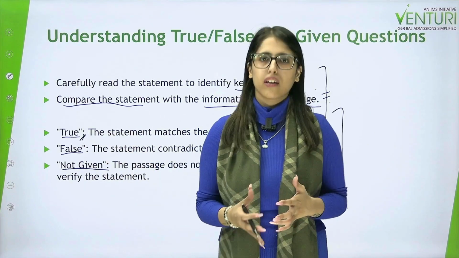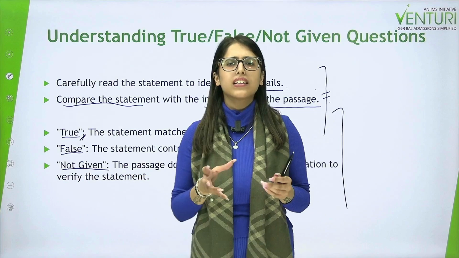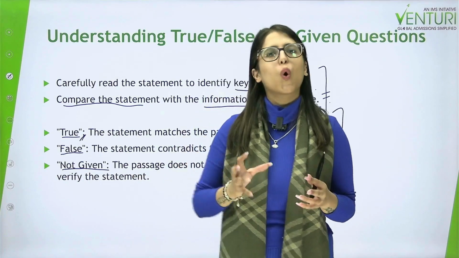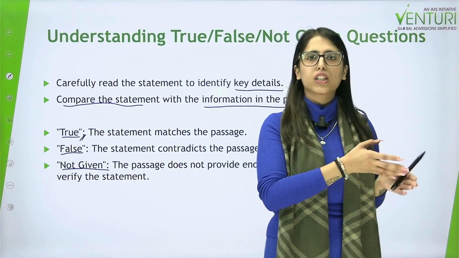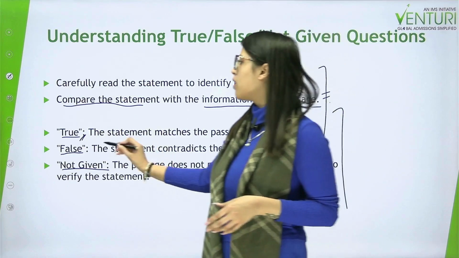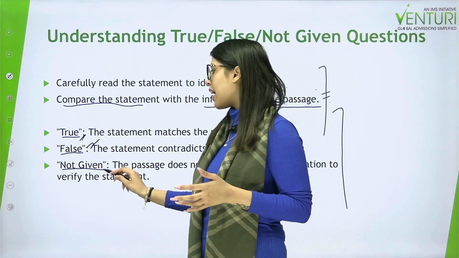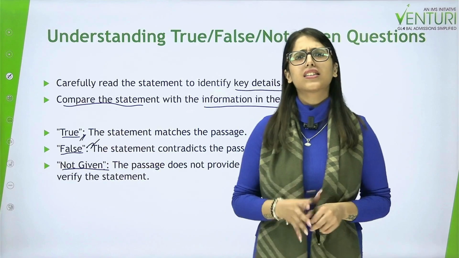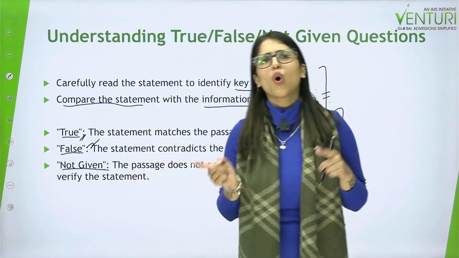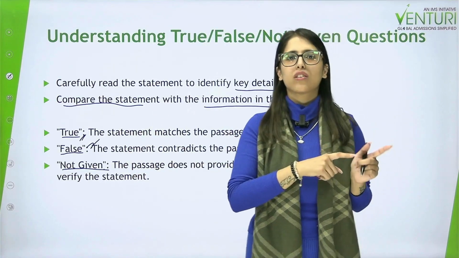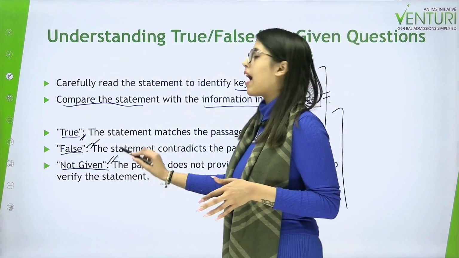In case you think that the facts given in your question statement are in stark contrast to or totally contradicting the factual details given in your corresponding passage, you lock false as your answer. Alright, now in case you understand that some bit or chunk in your question statement is not there in your passage, or is missing in your passage, then you lock not given as your answer.